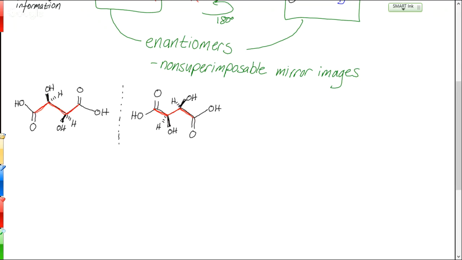Oh, good. You've got them on the wrong. You're doing left. Yes. You've got the zigzag coming up, down, up. And then the middle two.